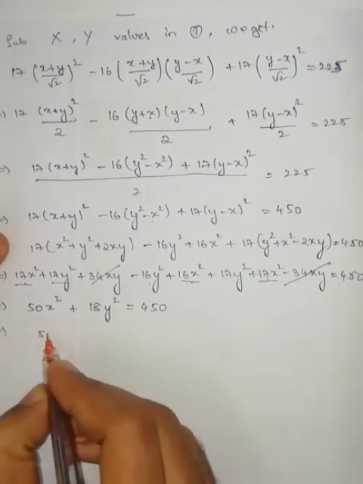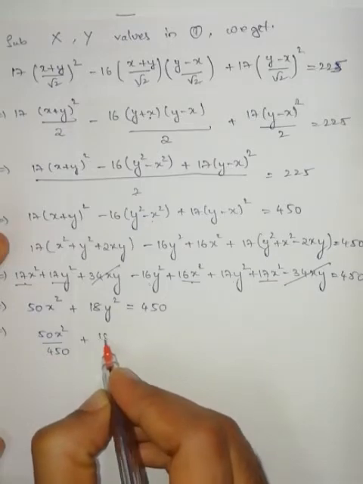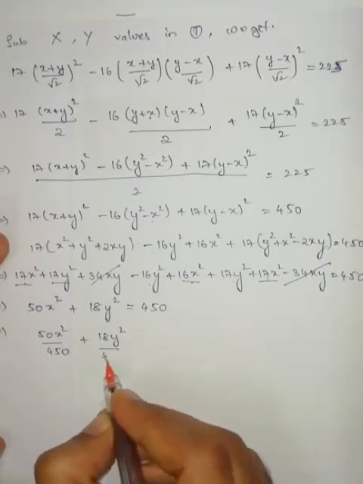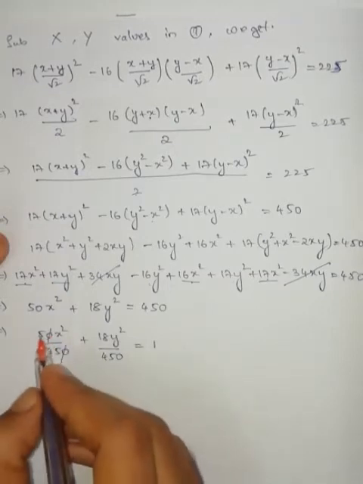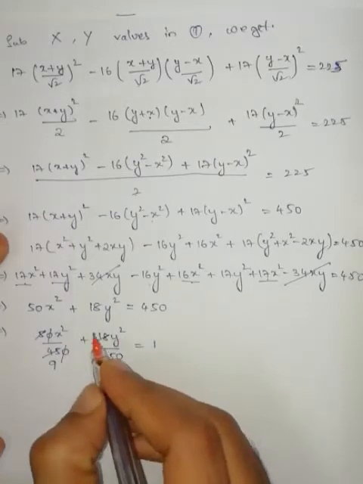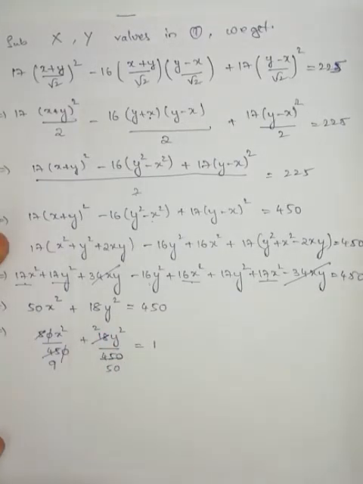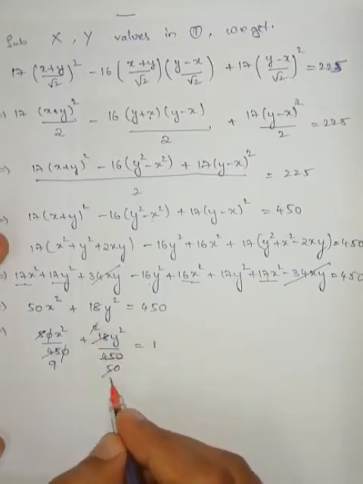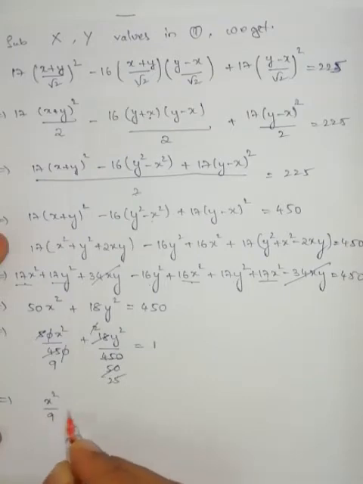Now this can be written as 50x² by 450 plus 18y² by 450 is equal to 1. Zeros get cancelled: 5 ones are 5, 9 fives are 45... this implies x² by 9 plus y² by 25 is equal to 1.